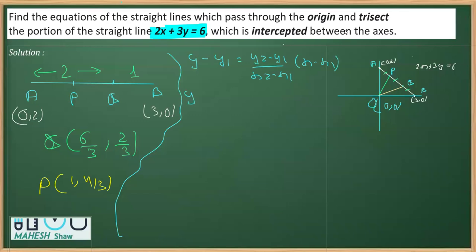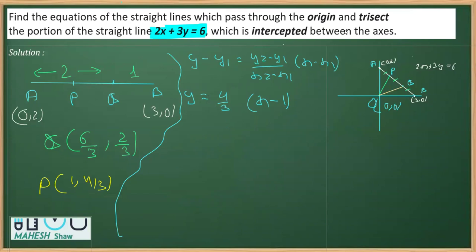So this is y minus 0, that is, I took this as y1. y2 minus y1, y2 for P is this, that is y2, 4 by 3. y2 minus y1, y1 is 0, over x2 minus x1, x2 is this, minus x1 is 0, into x minus x1, and x1 is 1.